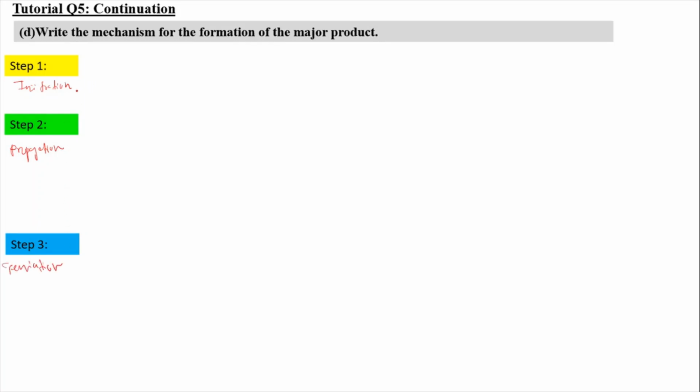So for step 1, initiation, we have the bromine molecule, and it will be broken down with the help of UV. The UV here is compulsory. The UV provides energy to the bromine molecule, and it will be dissociated by homolytic cleavage. The bond is broken, and each bromine atom receives one electron.